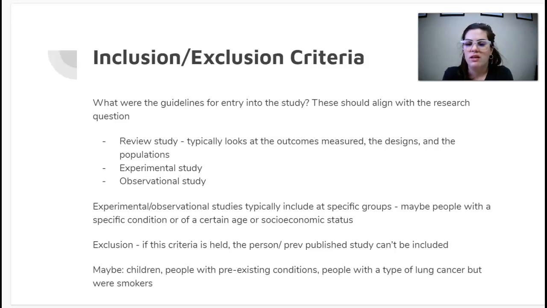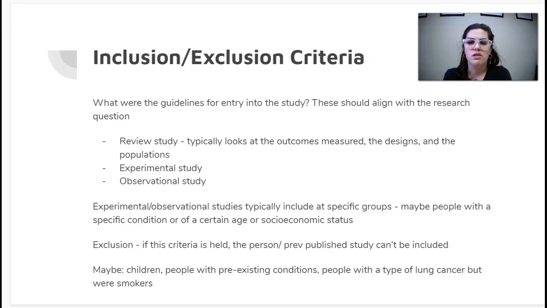So for a review study, like we've read, this typically is going to address the outcomes that are measured by the previously published research, the study designs of that research, and the populations that they included in their previously published studies.